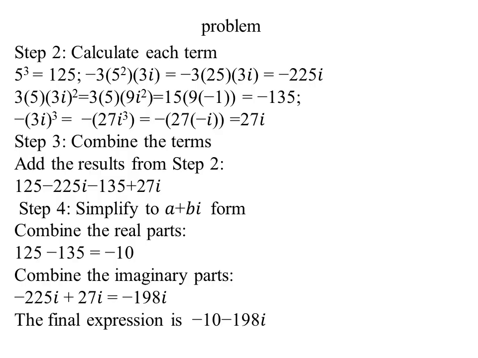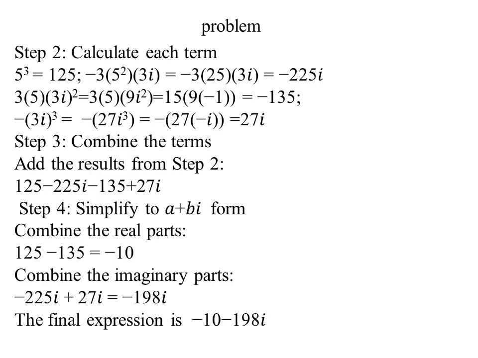In step 3, we combine the terms. In this, we add the results from step 2. We get 125 minus 225i minus 135 plus 27i.